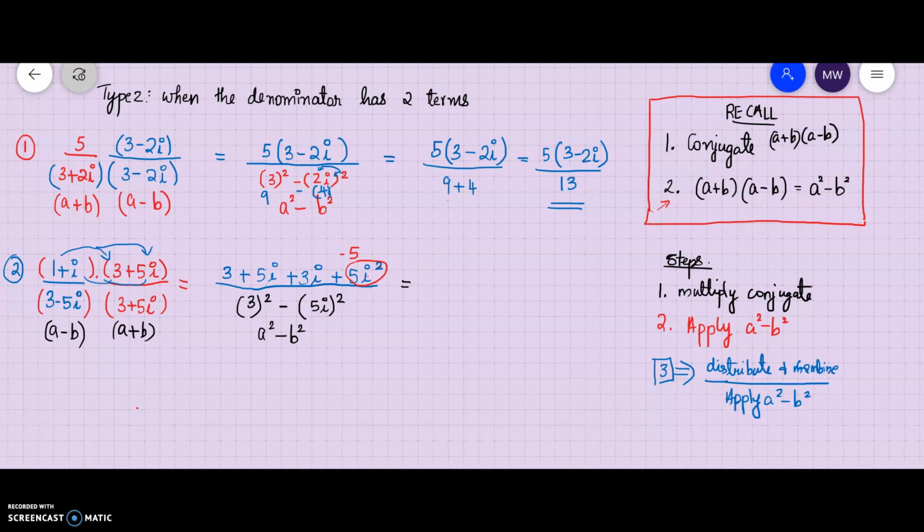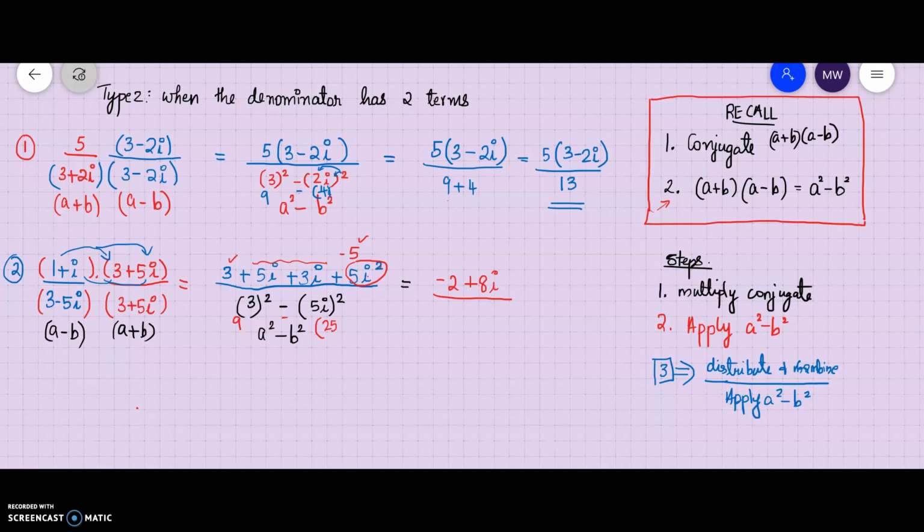So the numerator, when you combine the real parts, becomes 3 minus 5, which is negative 2. And when you combine the imaginary parts, 5i plus 3i becomes 8i. So that is your numerator. In the denominator, let's square the 3. 3 squared becomes 9 minus, let's square the 5, it becomes 25.